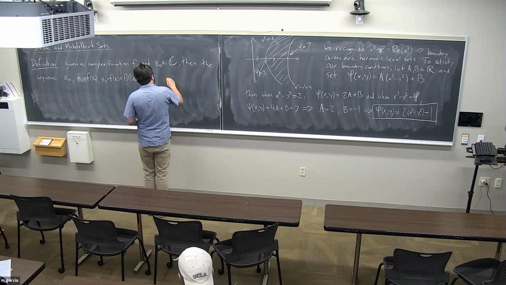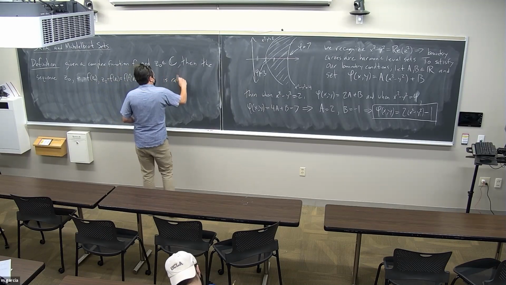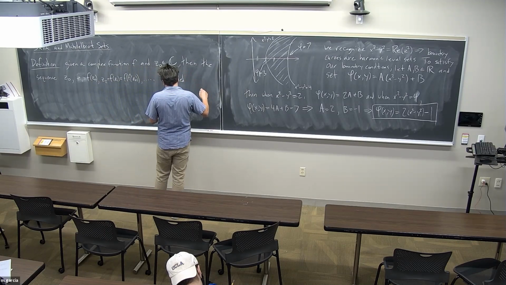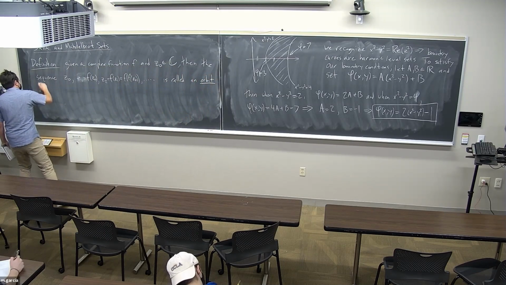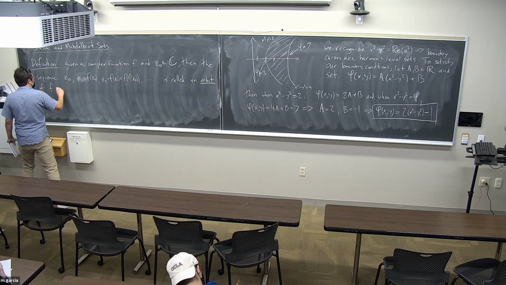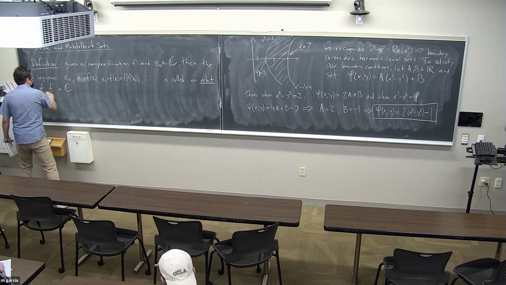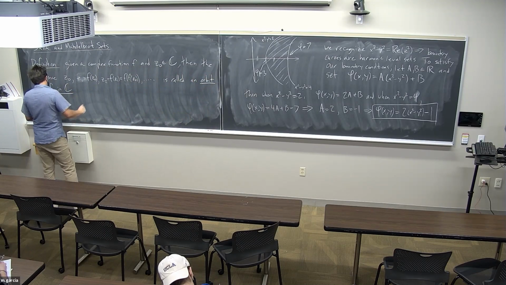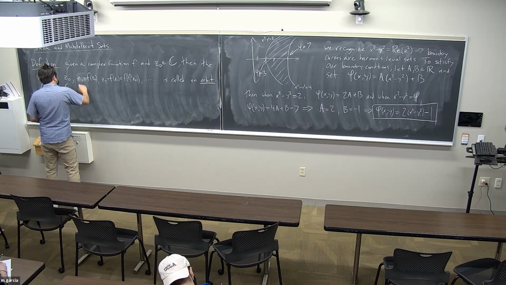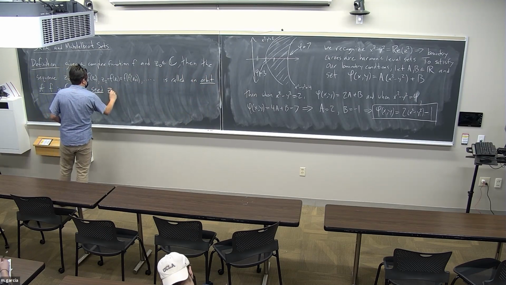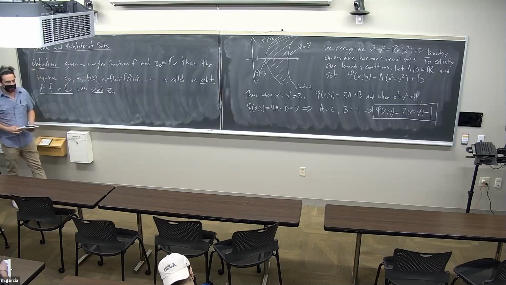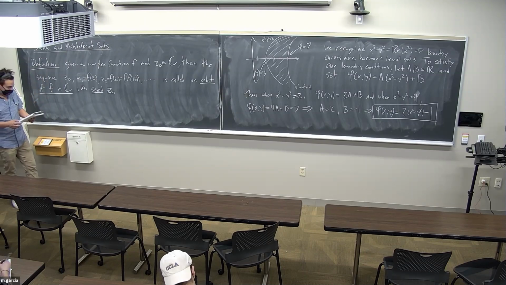The sequence is called an orbit of the function f in C with seed z naught, the initial input, this complex number z naught that I picked at the outset.